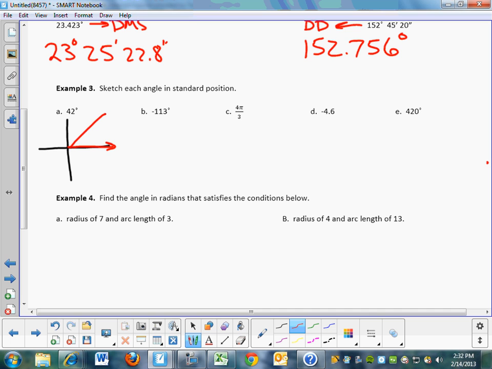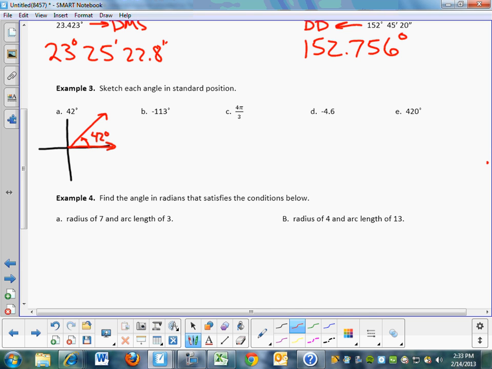The first quadrant. And it's nice to show a little arc there with an arrow to show which way you turned. And we would just say that's 42 degrees. And that's all you need to do for a problem like that. That's it.